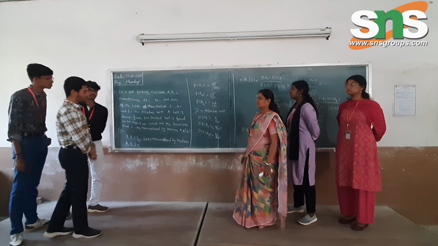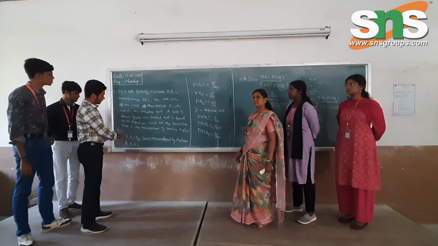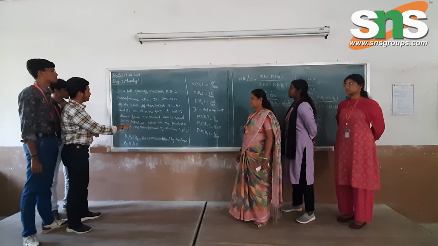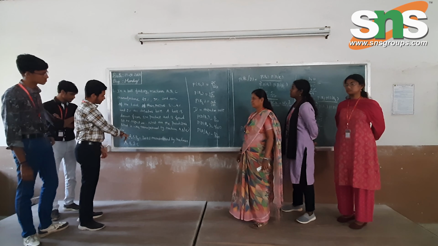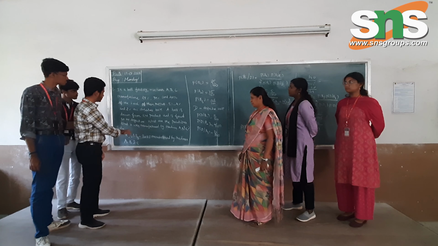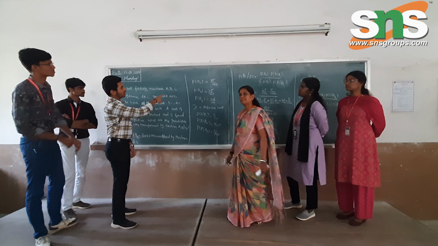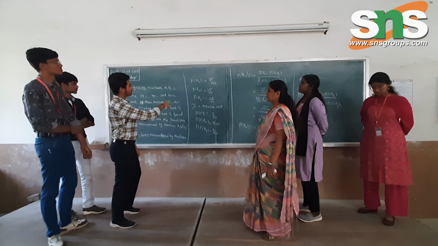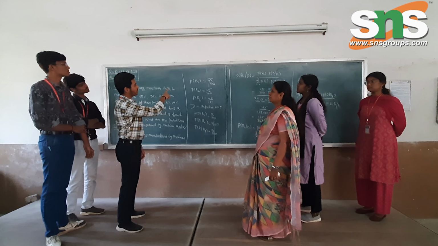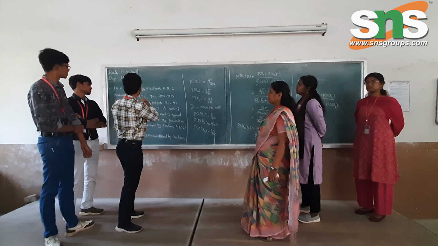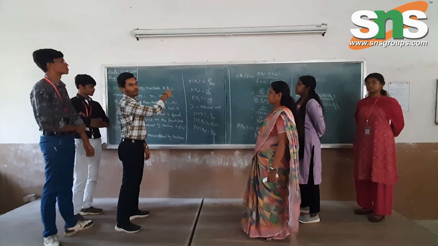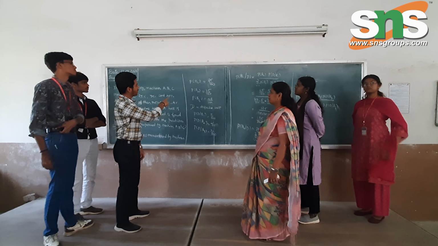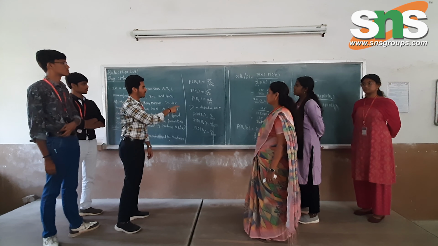So in the initial part of the solution, we assign events based on the output manufactured by the machines. B1, B2, and B3 represent the bolts manufactured by machines A, B, and C, and we find the probability of each machine's output ratio. The probability of event B1, that is machine A's output, is 25 by 100, the probability of B2 is 35 by 100, and the probability of B3 is 40 by 100.